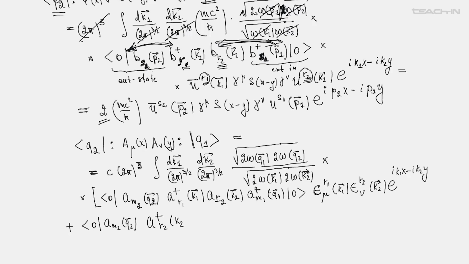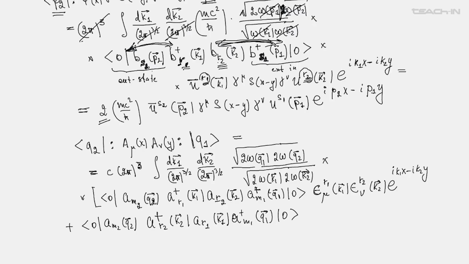A on R1 on K1. Then A, the external state oscillator Q1 acting on the vacuum. And finally, what I will have also are polarization vectors.